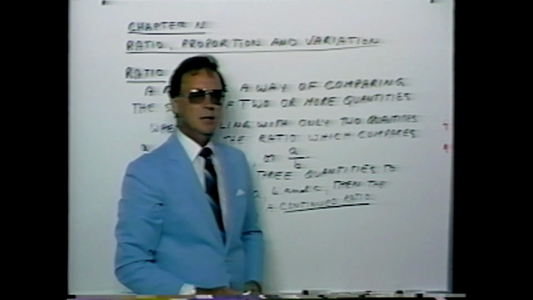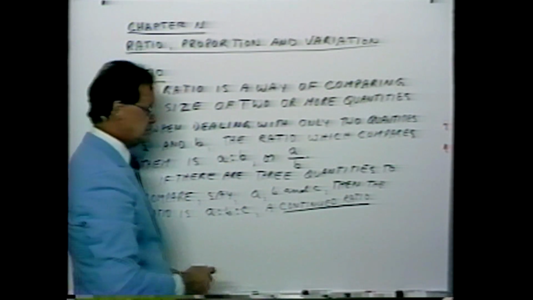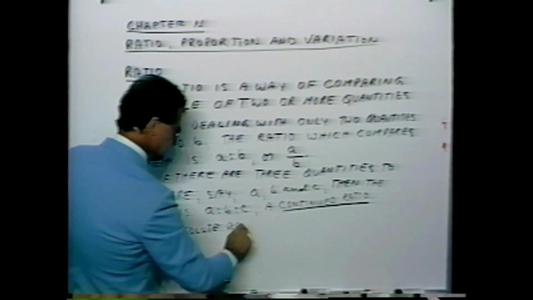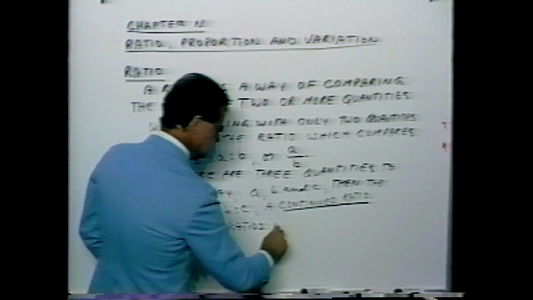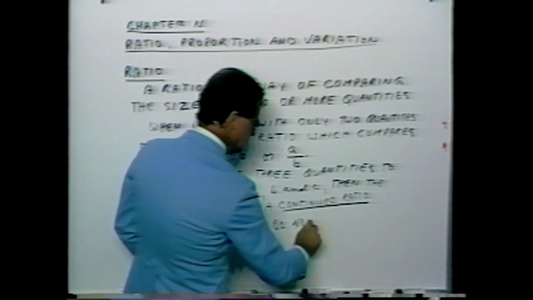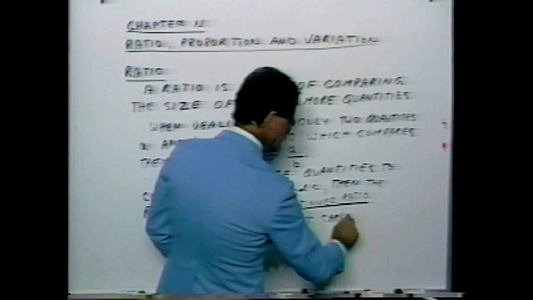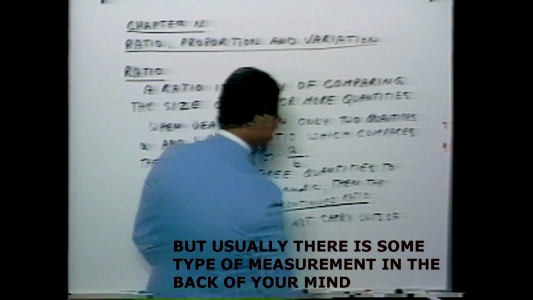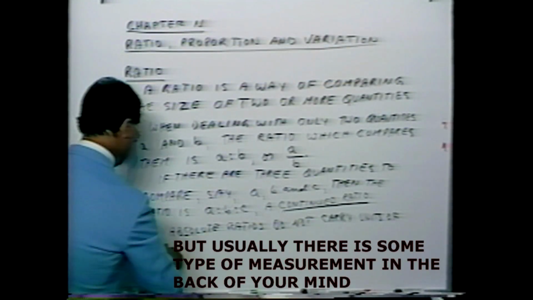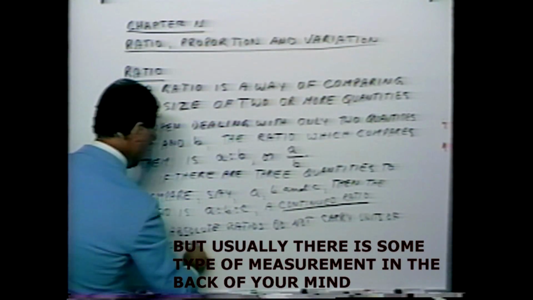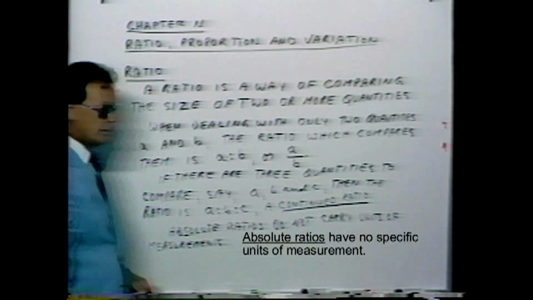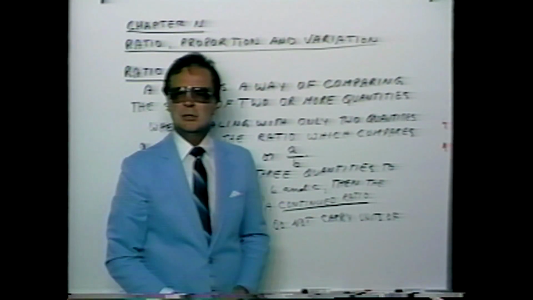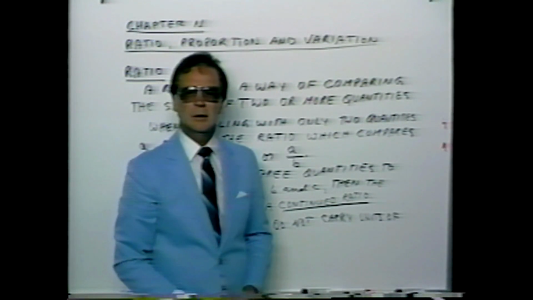Absolute ratios do not carry units of measurement. Hence, both measurements should have the same units to begin with.